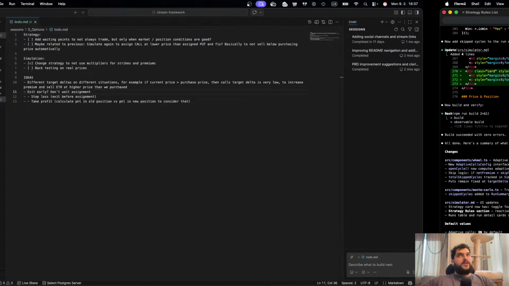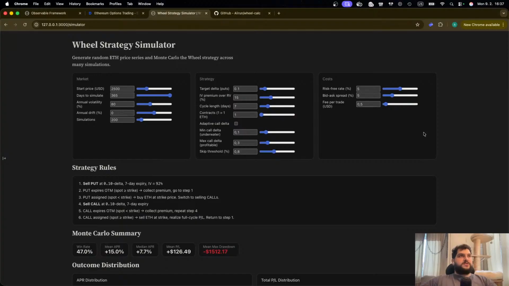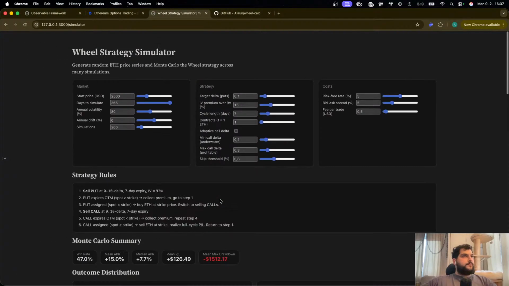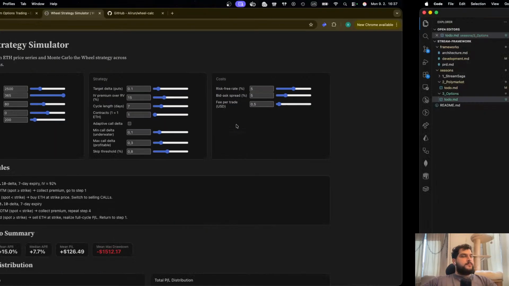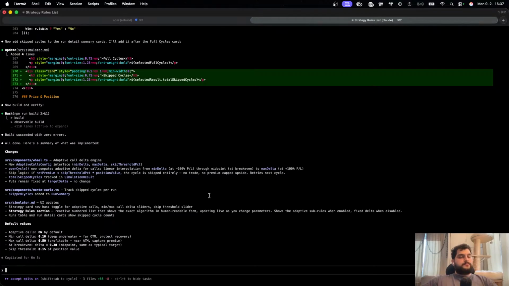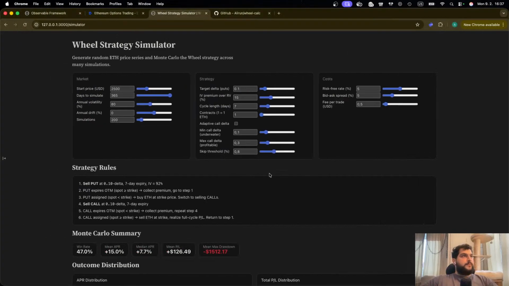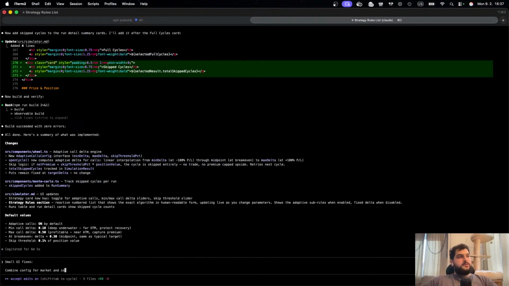Can you combine? You know what? I just want to move this cost config here to the market and this strategy rule to the right. I think it will be better visually. Small UI fixes. Combine config for market and posts. Separate with horizontal separator.